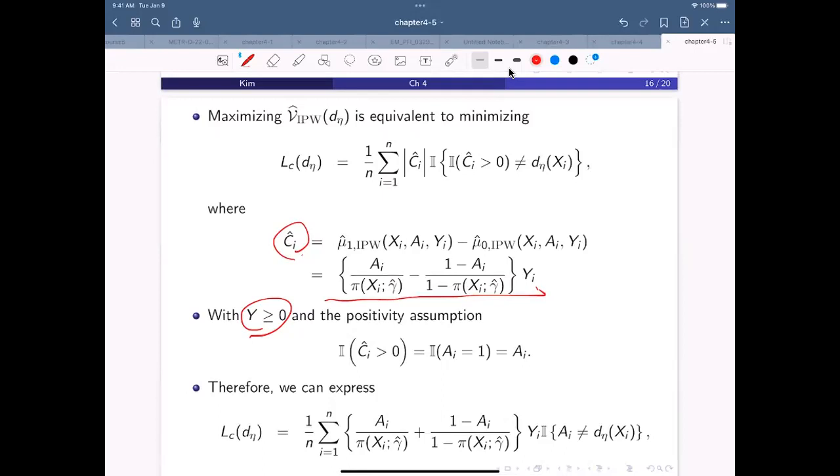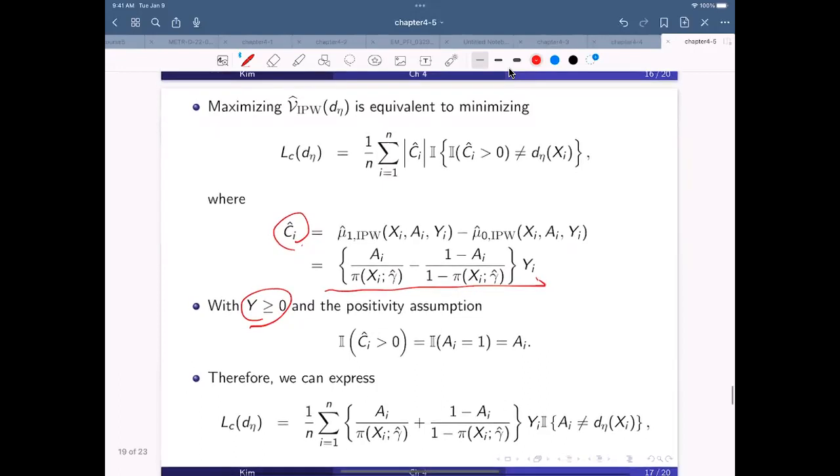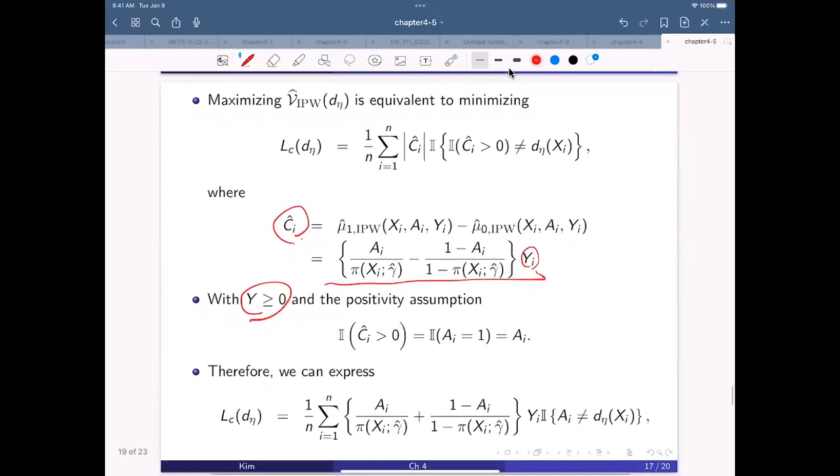In that case, you don't have to worry about this one. Basically we care about this area, where A is 0 and 1. So this one is 1.